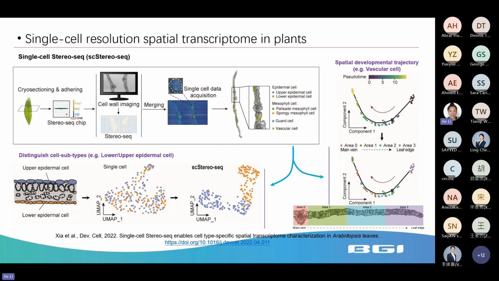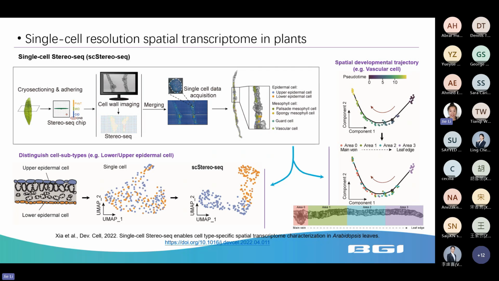So Stereo-seq can identify and annotate the cells in the sample based on the image information, also the single cell level of the spatial expression.